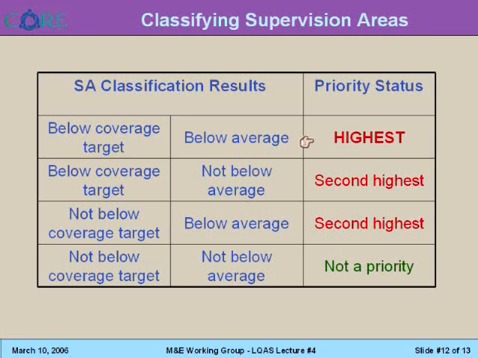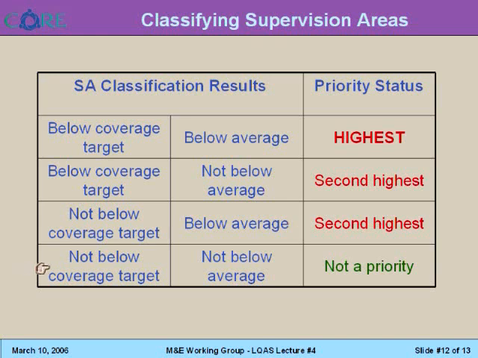On the other hand, if a supervision area is below the target but not below the average, it will be classified with our second highest priority. Likewise, if a supervision area is not below the target, but it is below the average, this supervision area will be classified with our second highest priority.